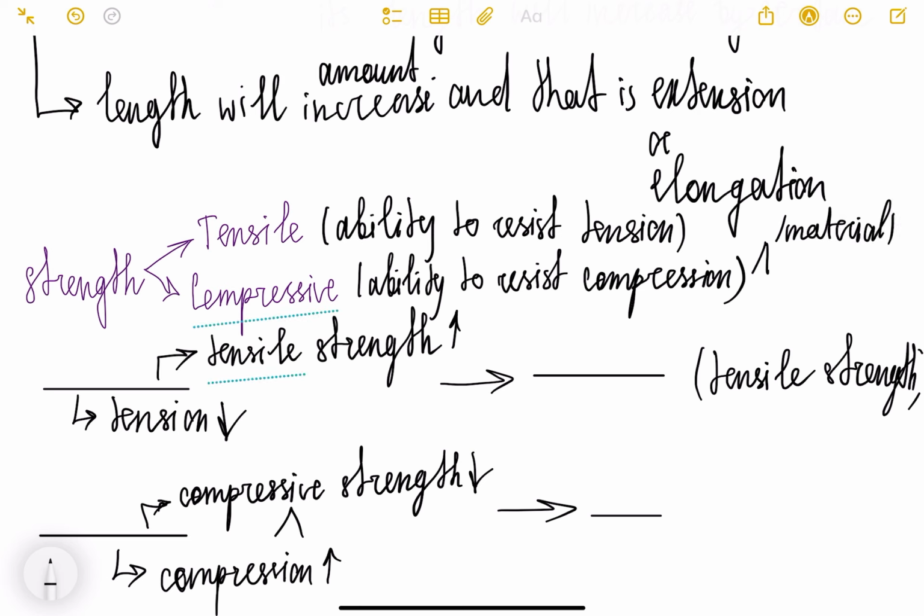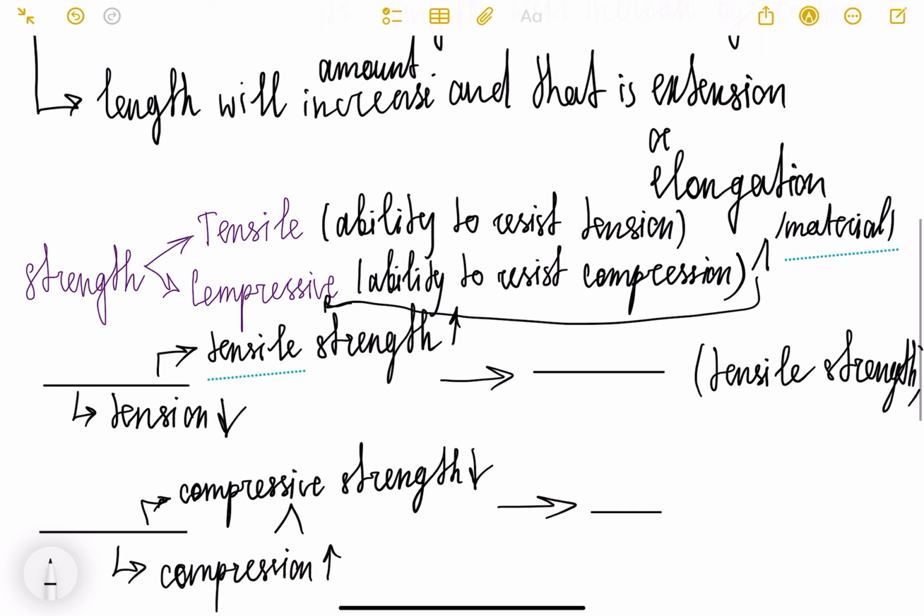This compressive is winning. Some materials in tension, as their tensile strength is usually lower than their compressive strength. Oh, yeah. This is obvious.